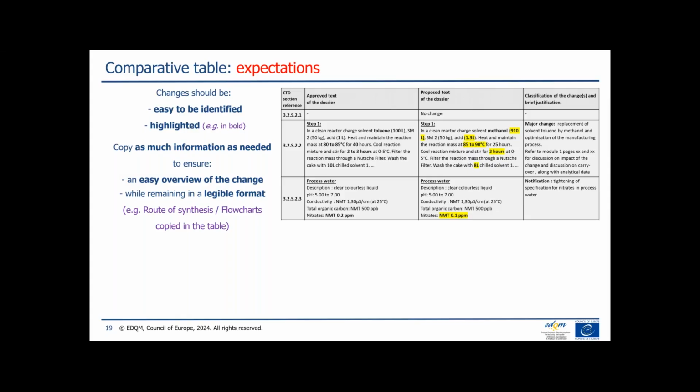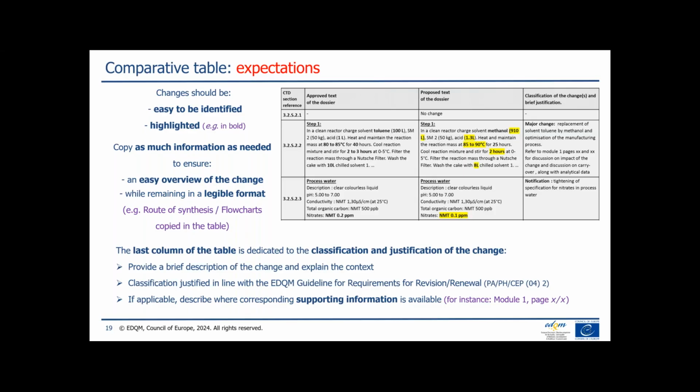Not only module 1, you can also tell here that there is a change, and also the justification of the change in a section, for example, for impurities 3.2.S.3.2, etc. The last column of the table, as I said, is the justification of the change, which is very important, and it should be developed appropriately. And also the classification of the change, so the number of the change from the EDQM guideline.